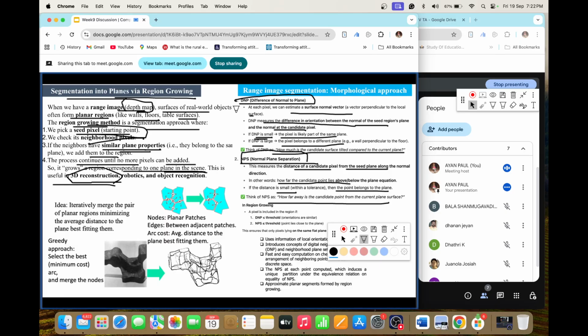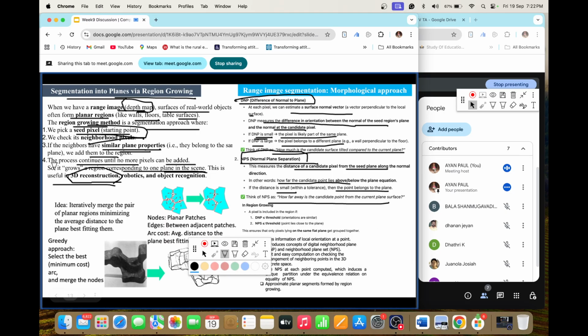So two terminologies. One is DNP, difference of normal to plane, which tells us how much the candidate surface is tilted compared to the current plane. And second is NPS, normal plane separation, which tells us how far the candidate point is from the current plane surface. In region growing, I mentioned in the third point the similar plane property. How can we say the candidate or neighbor point has the same plane property as the seed pixel?